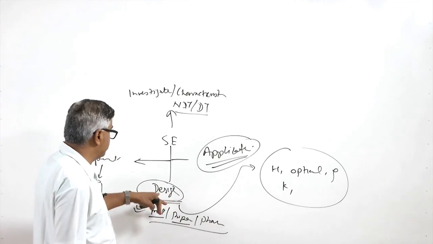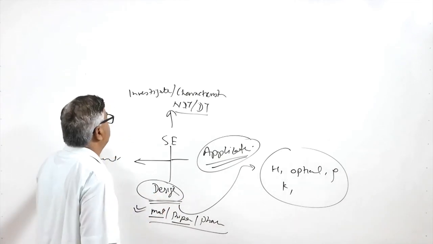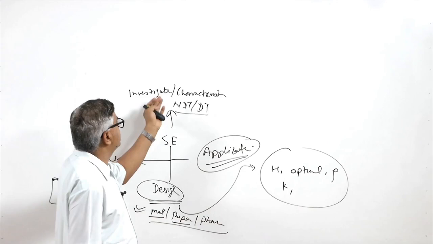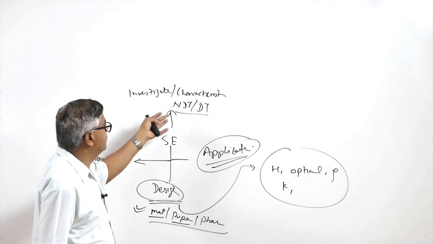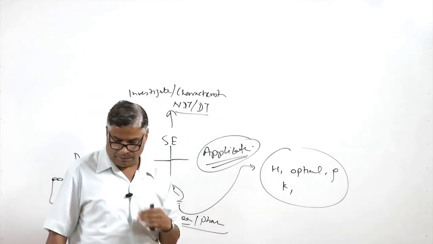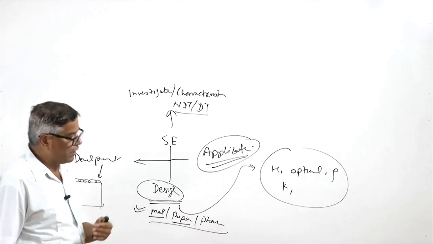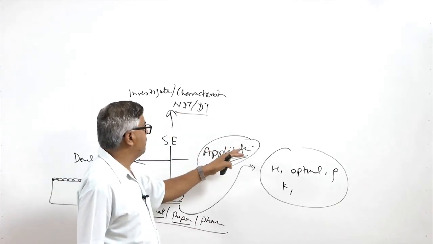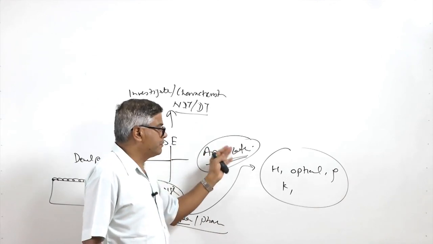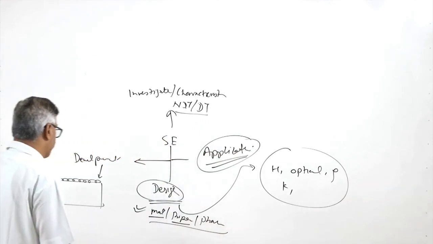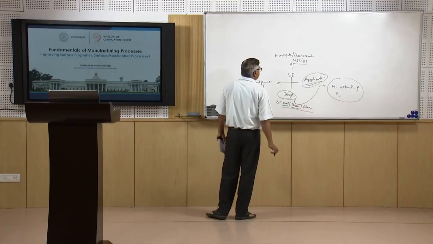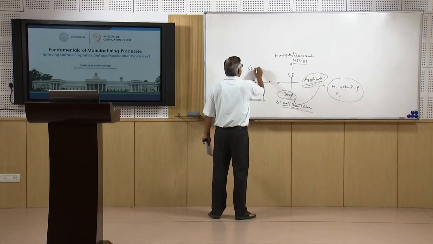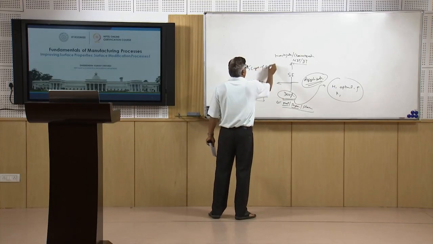So the first step is design, second is development, third is investigation and checking the suitability of the material. NDT will tell us to what extent it will meet the requirements, and then if it is suitable, it will be put into the real components for the required purpose. So these are the 4 components which define the scope of surface engineering.